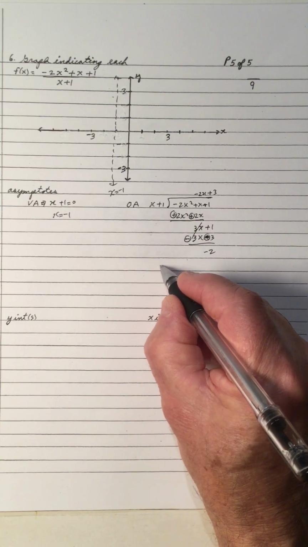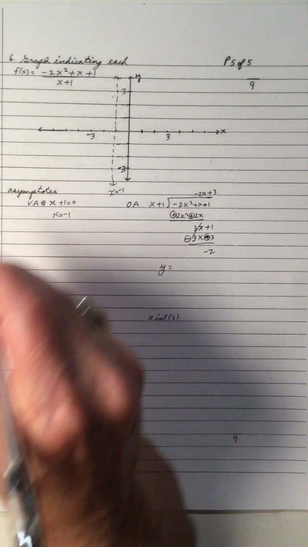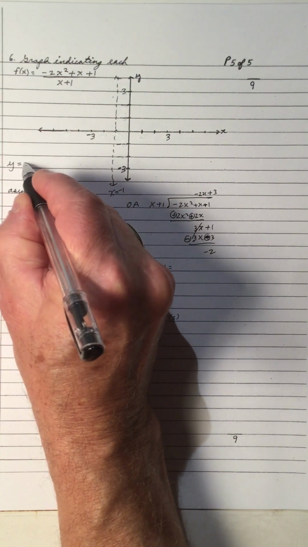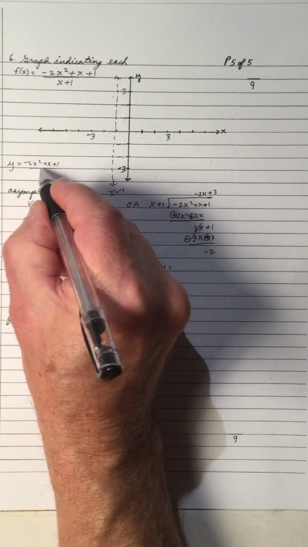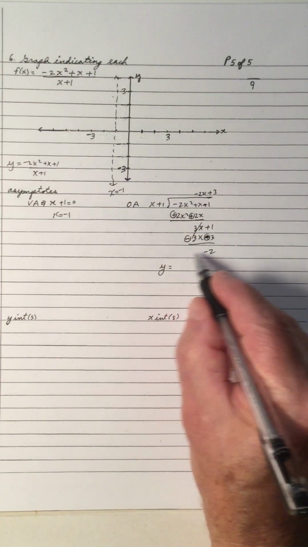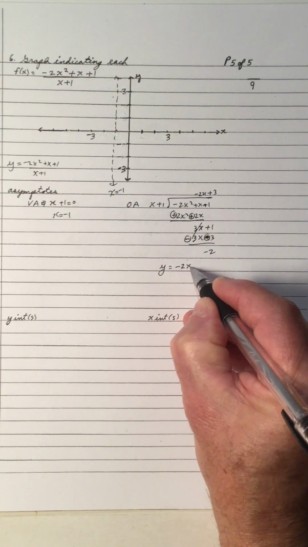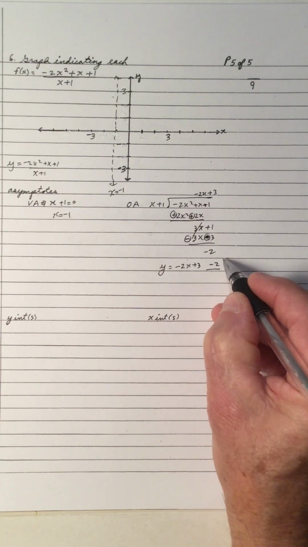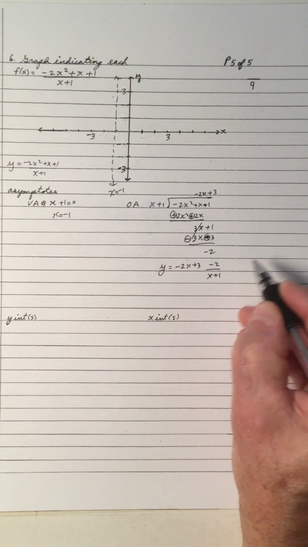So that means I could have written the equation in terms of y. y equals -2x squared plus x plus 1. If I have the equation in terms of y, I have a quotient of -2x plus 3, and we have -2 as the remainder over the divisor, which is x plus 1.